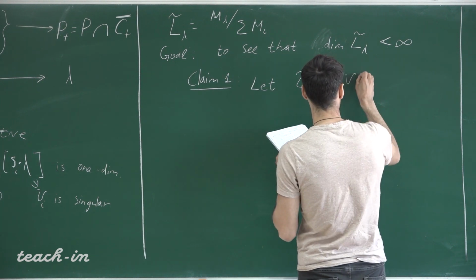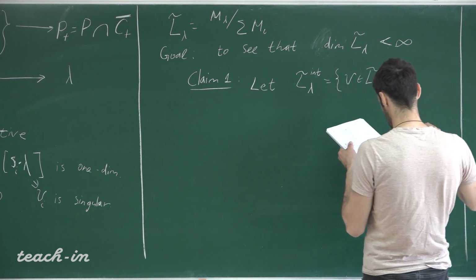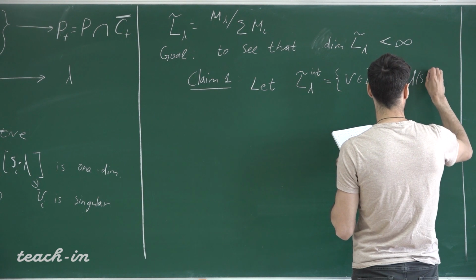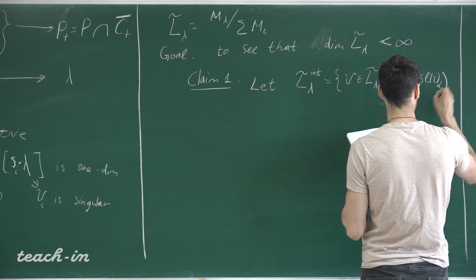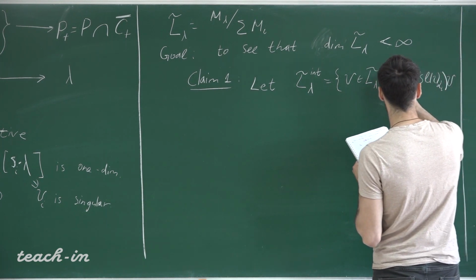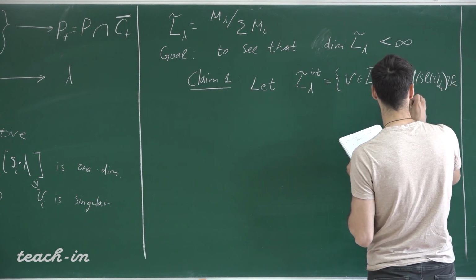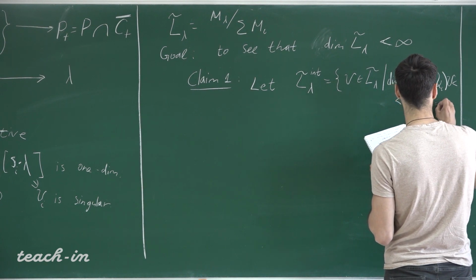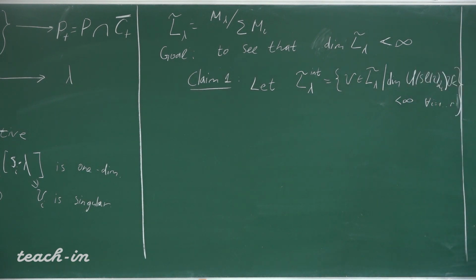It's all vectors v in L lambda tilde such that if you apply the SL2 triple corresponding to a simple root to v, then the dimension of this is less than infinity. This is for every i from 1 to r.